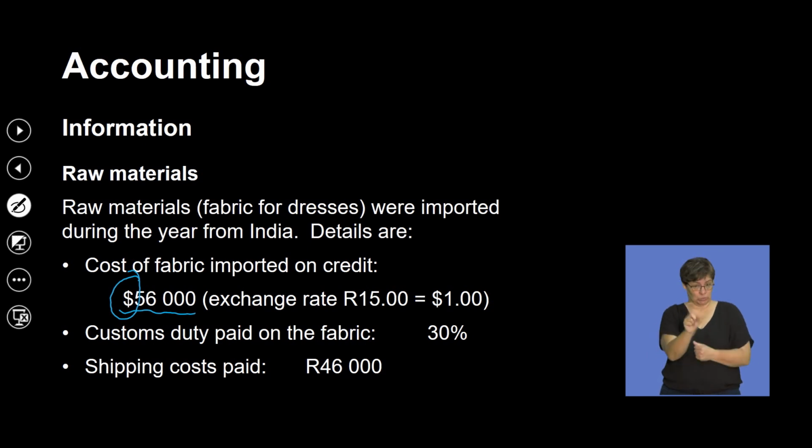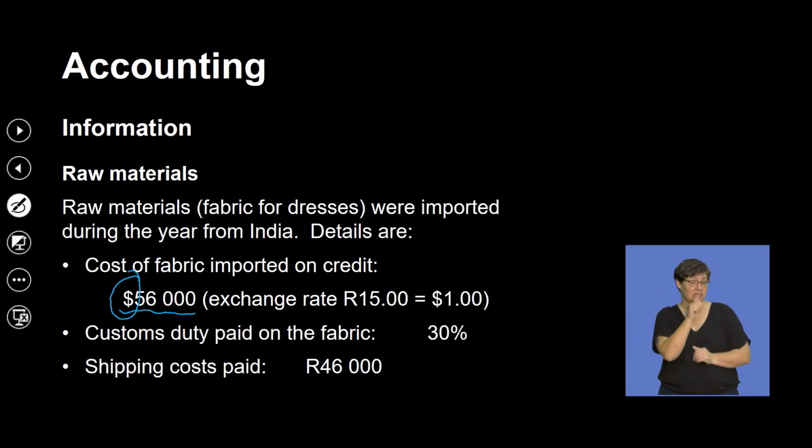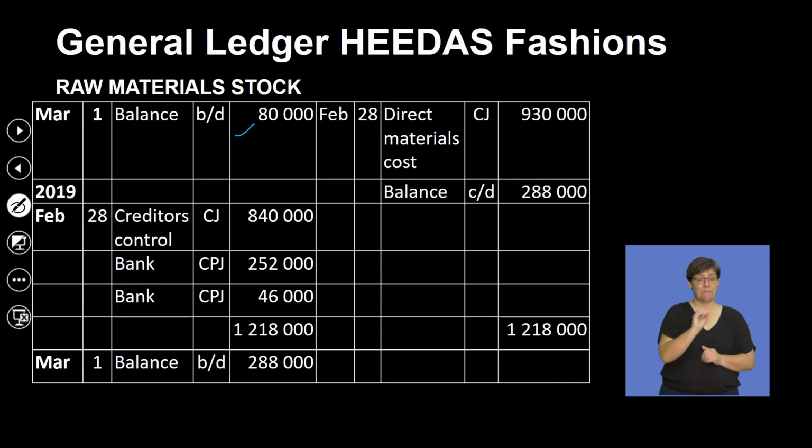So now what do you do? You do a calculation. And what's my calculation? My calculation is 56,000, which is the value in dollars, times your exchange rate at that time, when we purchased it, was 15 Rand. So you multiply by 15 to give you a value of 840,000 Rands. Therefore, watch here. When you make the entry now, you say, bought on credit, how much?